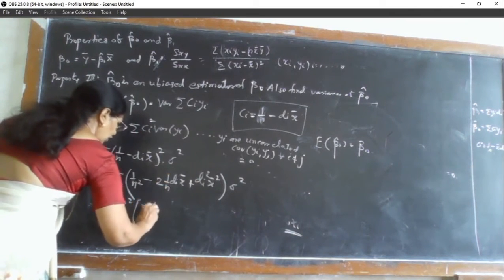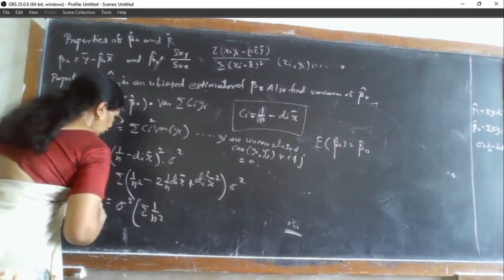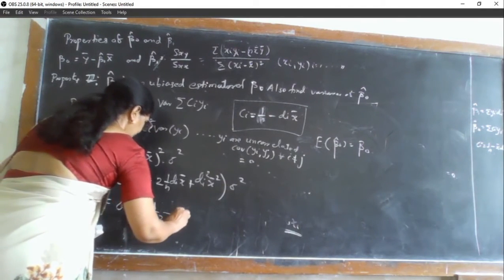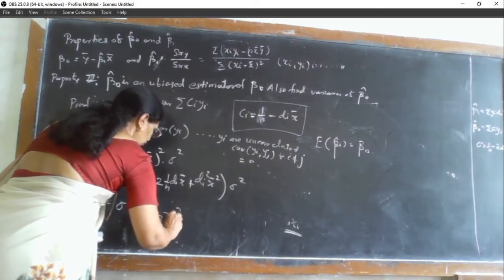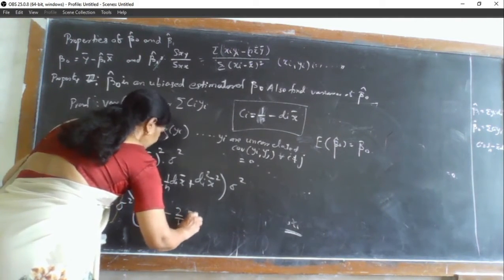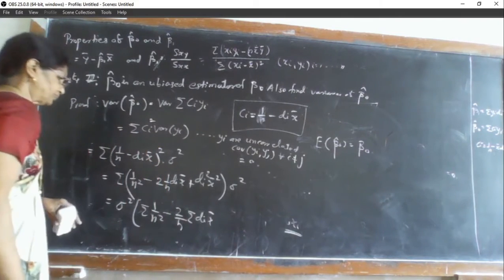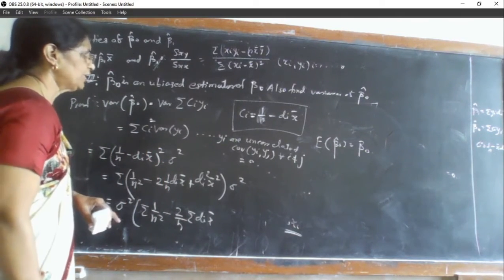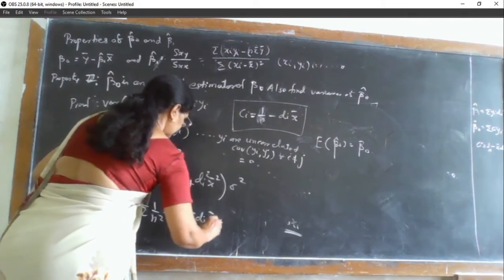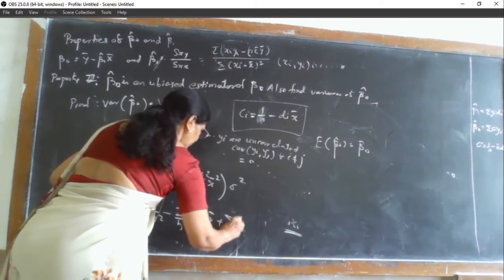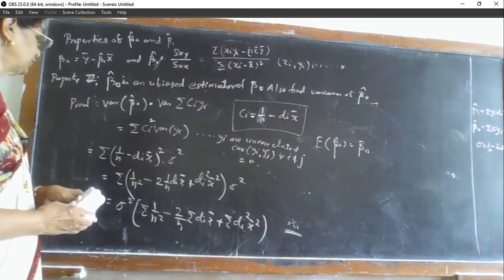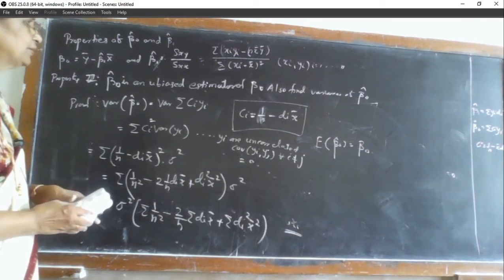So it is summation of 1 upon n square minus 2 times, you can write 2 upon n, you can take outside summation of di into x bar, plus summation of di square x bar square.